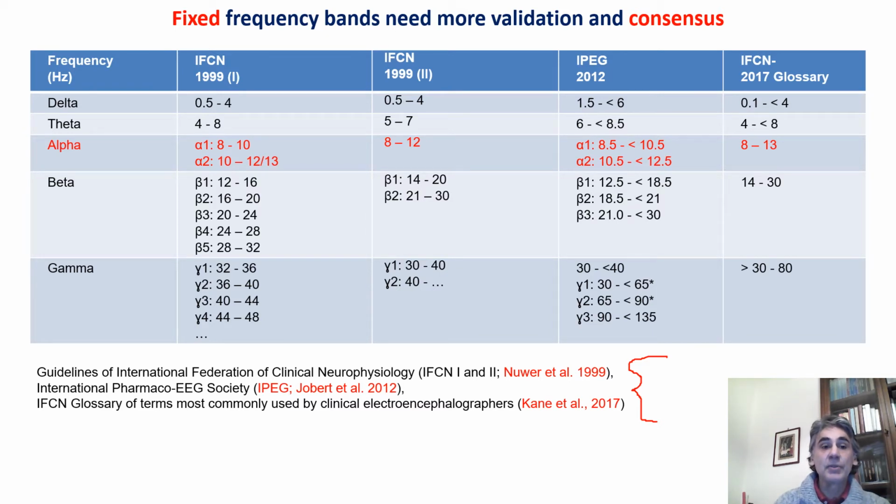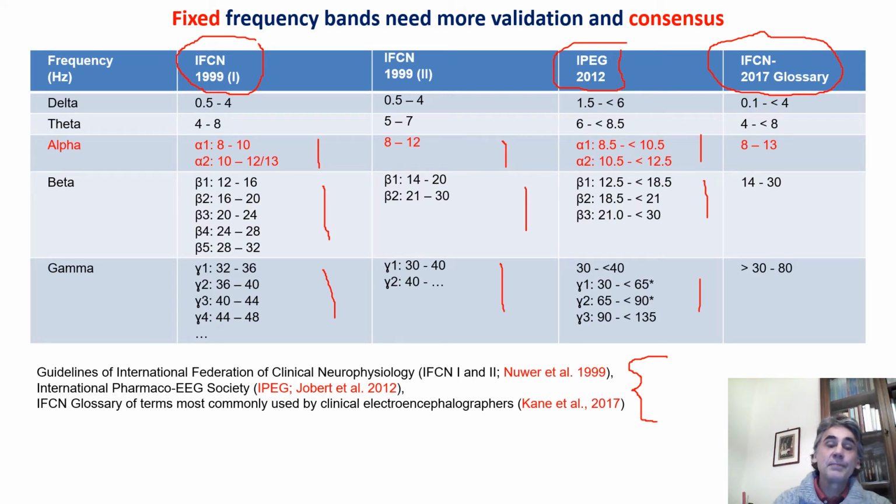You can see in the table that you can have different frequency bands and subbands for alpha, for beta, and for gamma in the proposal of the International Federation of Clinical Neurophysiology in 1999 and in 2017, and also from the Society of Pharmaco-EEG in 2012.